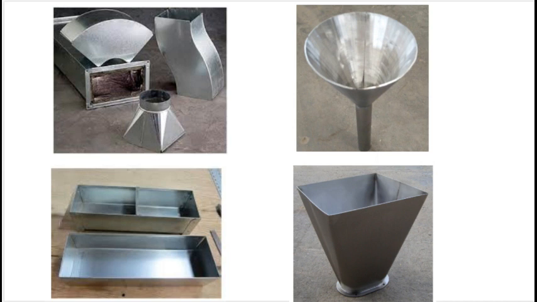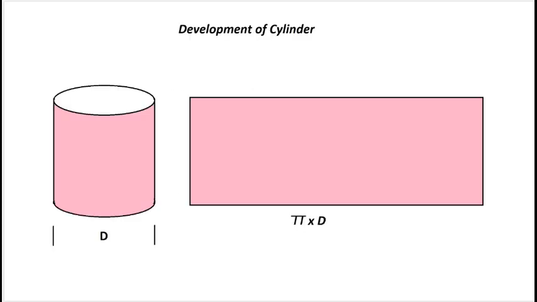We take the sheet metal, cut it in the desired shape, then fold it to get the required shape. So for this sheet metal working, we need to cut the sheet in the exact size and shape. We are going to learn the concept of cutting these shapes in this chapter of development of surfaces.